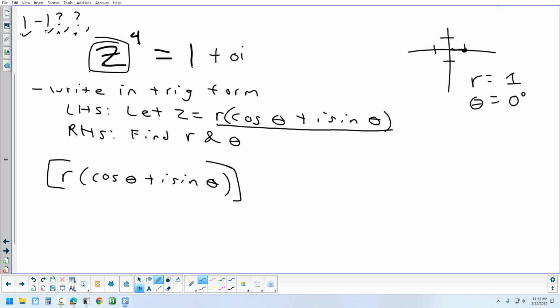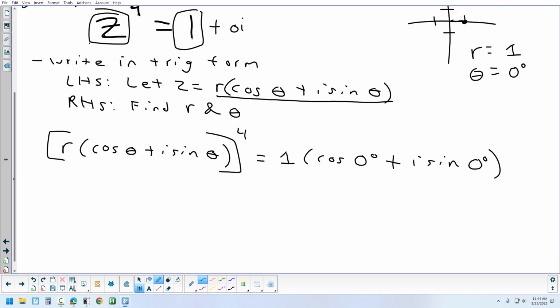And that's all being raised to what power? 4th power. And now on the right-hand side, we're going to write what's in that box in trig form. So it's r(cosine 0 plus i sine 0).